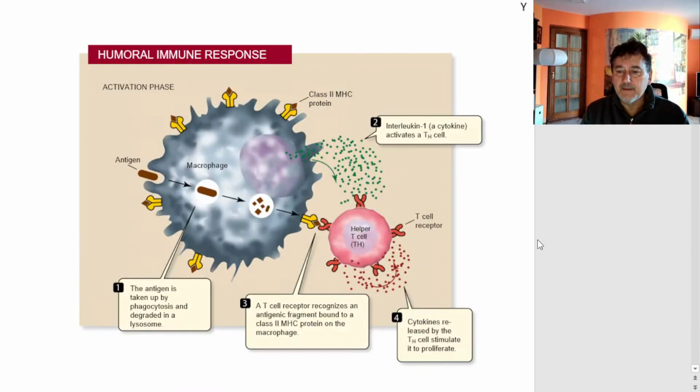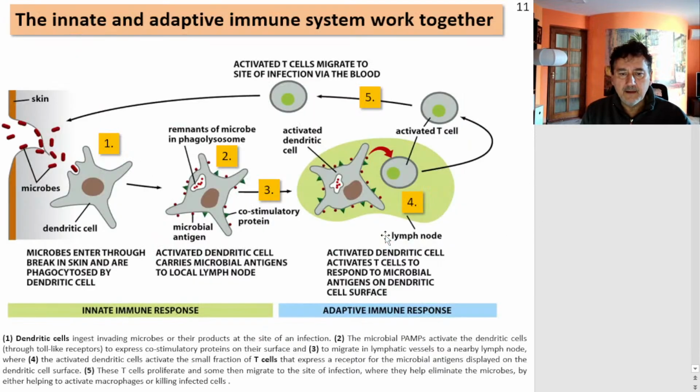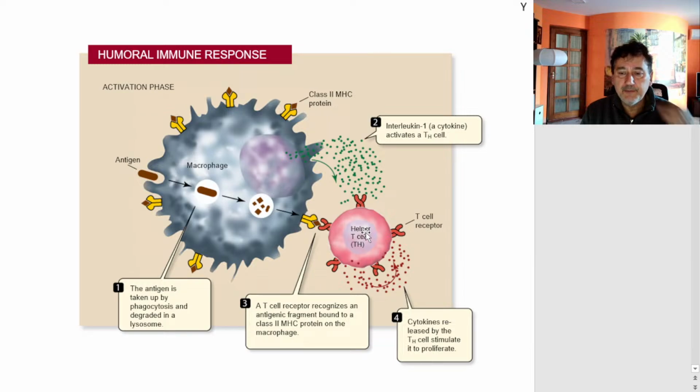Here, let's see an example. This is not a dendritic cell but a macrophage, but the same thing happens. And let's introduce the so-called MHC system, which will be also discussed a little bit later in more detail. So the macrophage phagocytoses the bacteria for two different purposes.